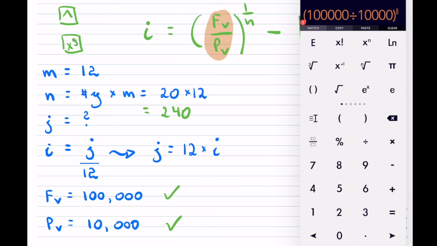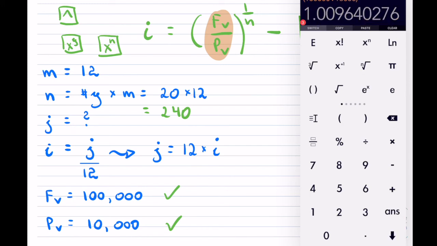Notice that on my calculator that you see on the screen, it looks something like this. So now I need to put 1 over n. So I put a bracket here, and I'll put 1, whoops, bracket 1 divided by n, which was 240. Close bracket. Now I can hit equals, so I have now calculated this entire thing.